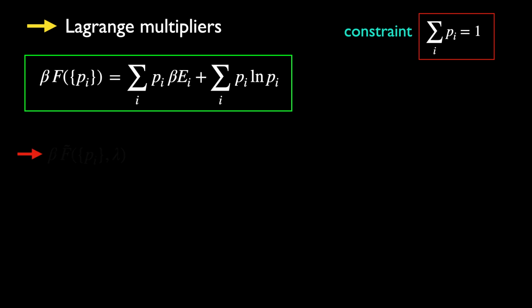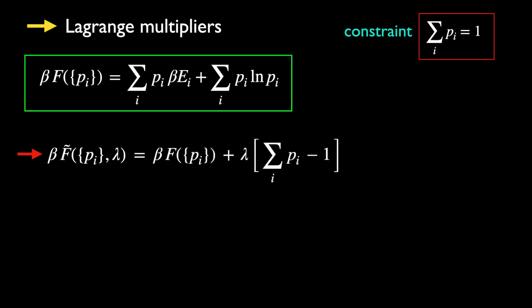We can do this by defining a modified free energy, F tilde, which is just the original free energy with an additional term. This term in bracket is from the constraint, and its coefficient is what is known as a Lagrange multiplier. We should see it as an additional independent variable of F tilde.